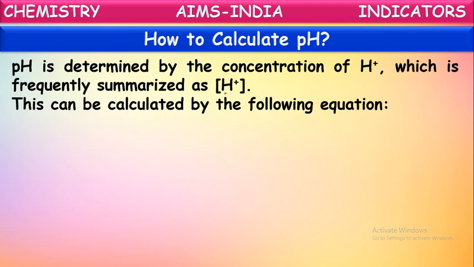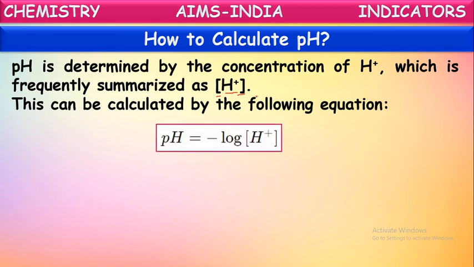If H plus is written in square brackets, that represents the concentration of the H plus ions. This can be calculated using the equation pH equals minus log of H plus ion concentration. So, if we know the concentration of H plus ions, we can easily calculate the pH using the formula minus log H plus ion concentration.